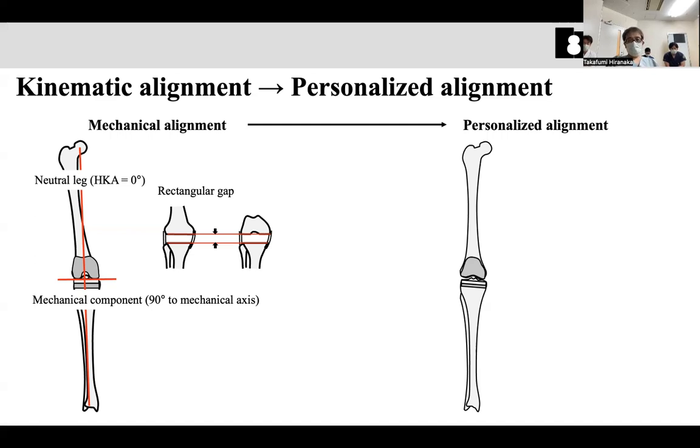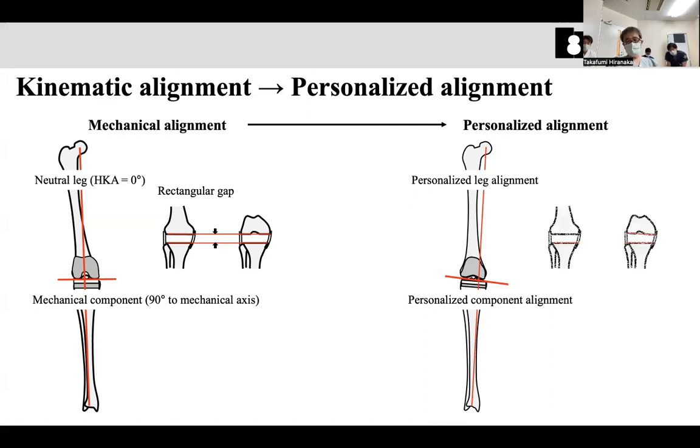So personalized alignment aims to personalize leg alignment. Some patients have a varus alignment, another patient has native valgus alignment and joint line obliquity. So personalized component alignment, sometimes 3 degrees or 5 degrees varus, and personalized gap.